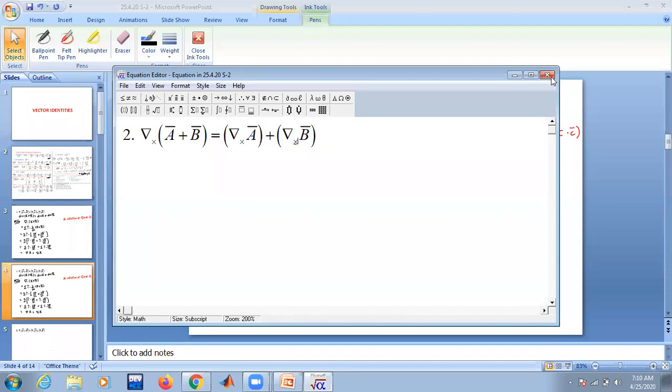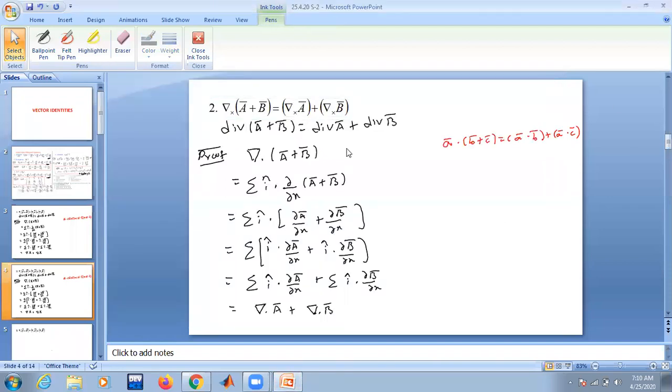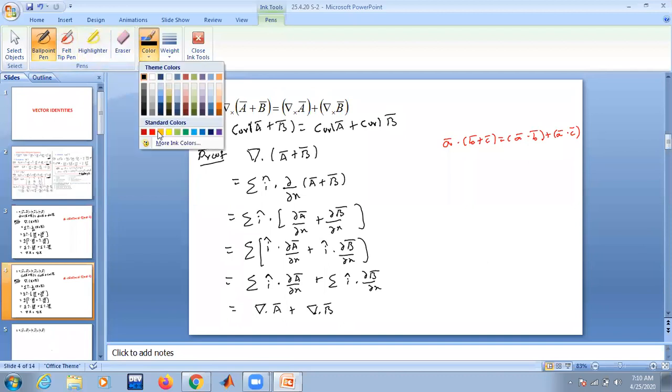Now this we want to show. Del cross means curl, so del cross of a bar plus b bar is curl a bar plus curl b bar. Wherever dot is there, replace dot with the cross product.